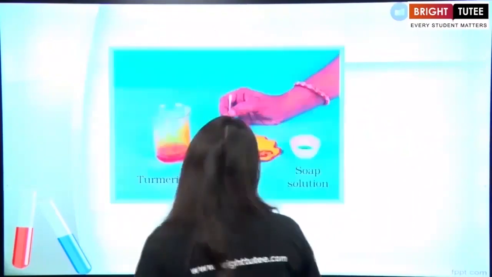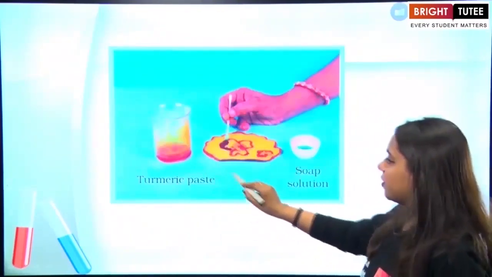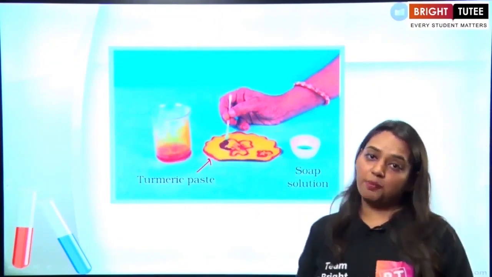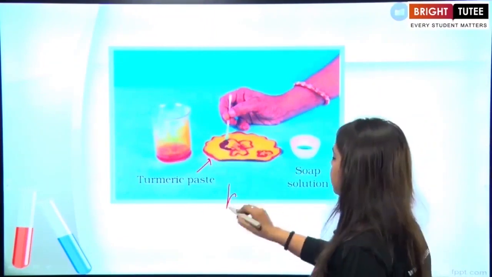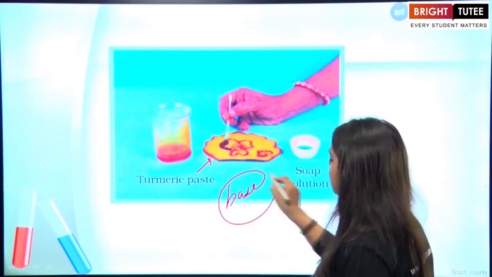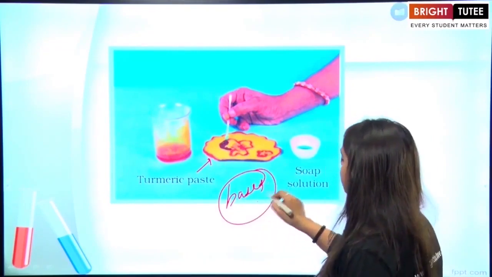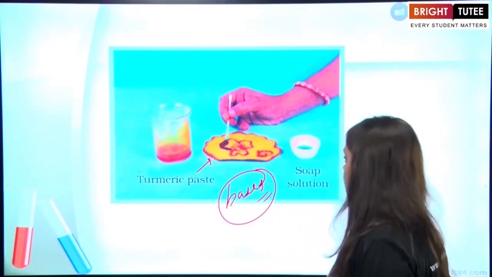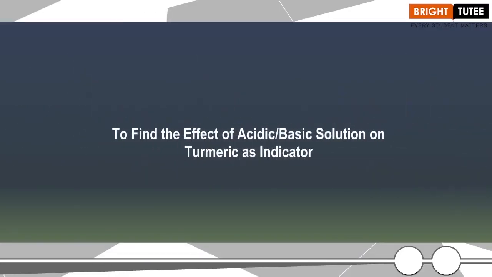Let us observe it through a picture, and you will observe red color like this, and it will indicate the presence of a base. So it is the indicator for bases usually, and it shows red color in the presence of a base.